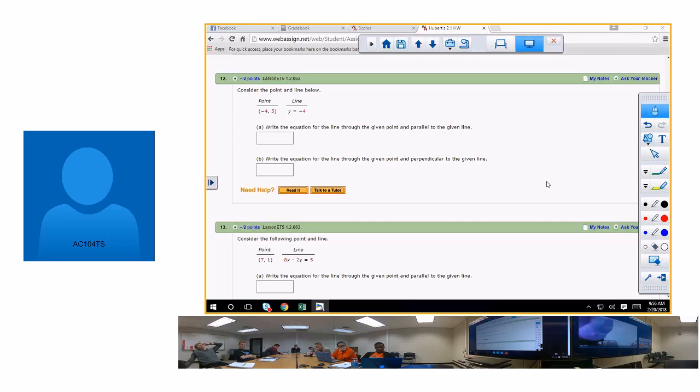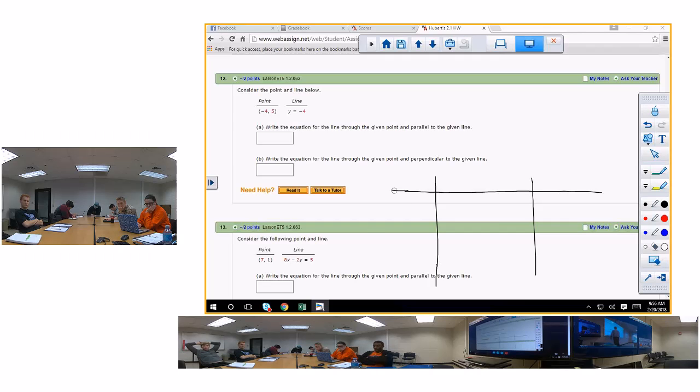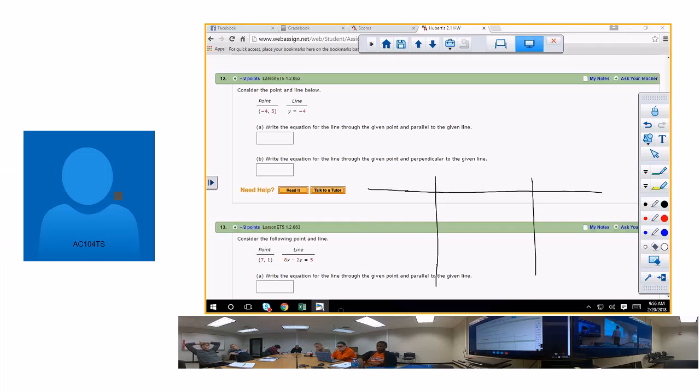So I tell students to do it, and I might have shown you in the review, to make a table like this. And the point is negative 4 and 5.